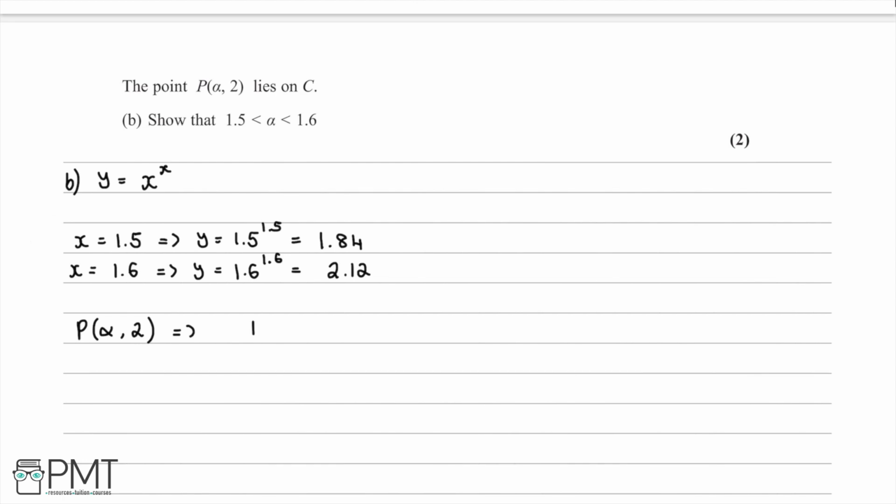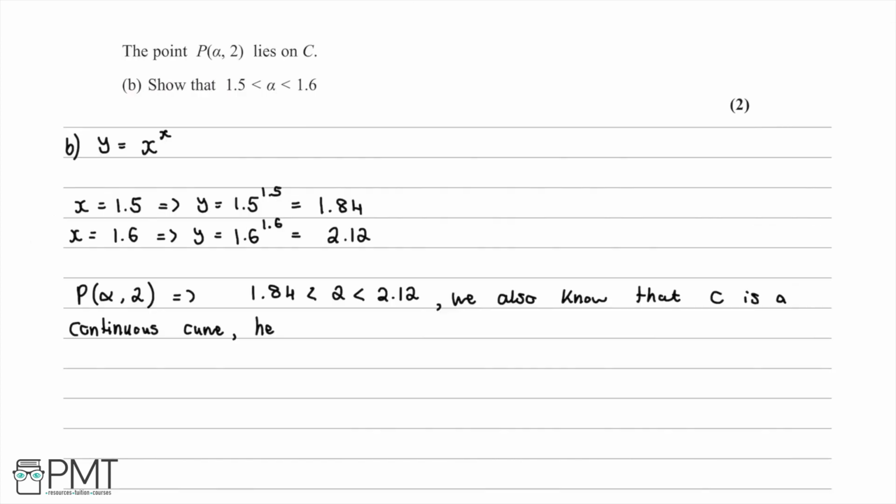So we have that 1.84 is less than 2, and 2.12 is greater than 2. And we also know that C is a continuous curve. Hence, for these reasons, we can conclude that alpha is going to lie between 1.5 and 1.6, which is what the question asks us for.